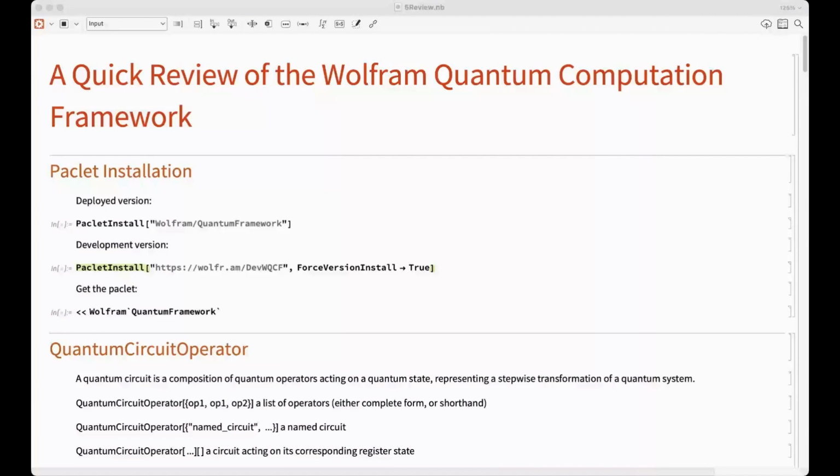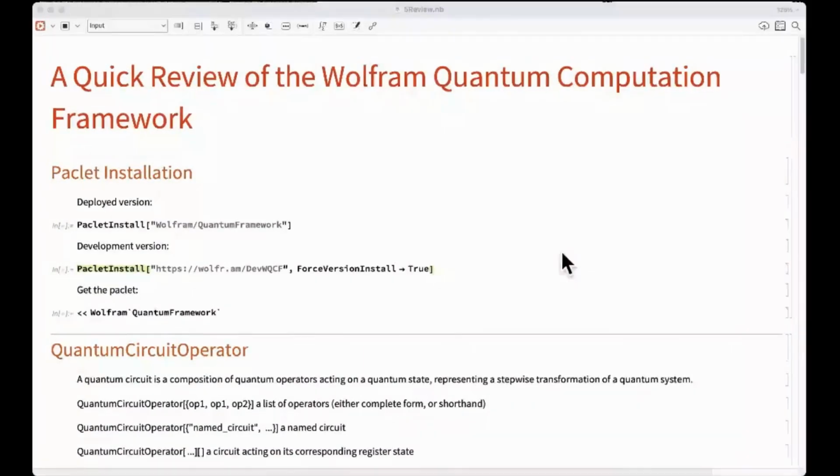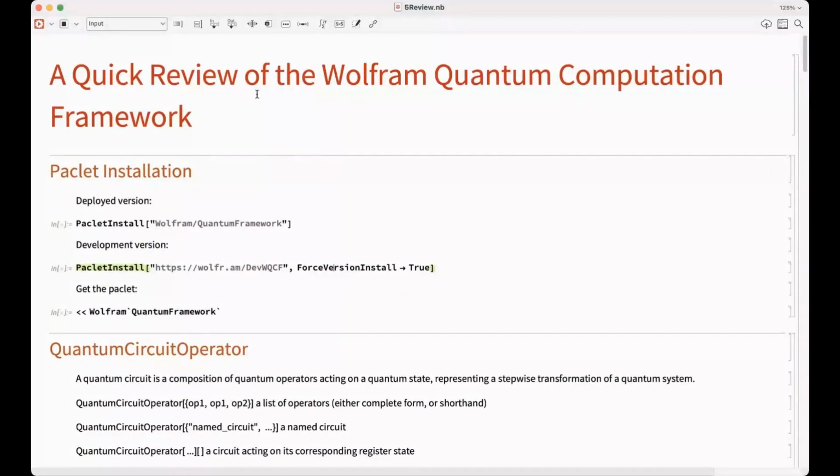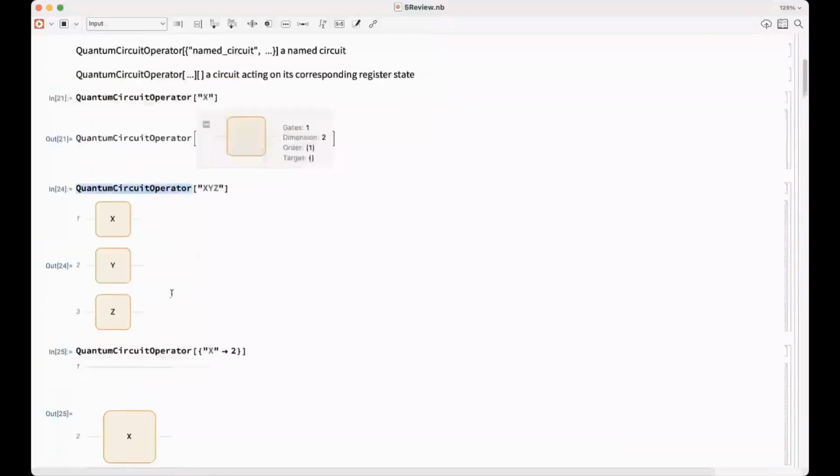Let's look at the questions. Miguel asks about quantum circuits from Wolfram to Python. We are going to discuss that, and yes, you can do that. You can ask for the Qiskit, and you can easily go to Python.